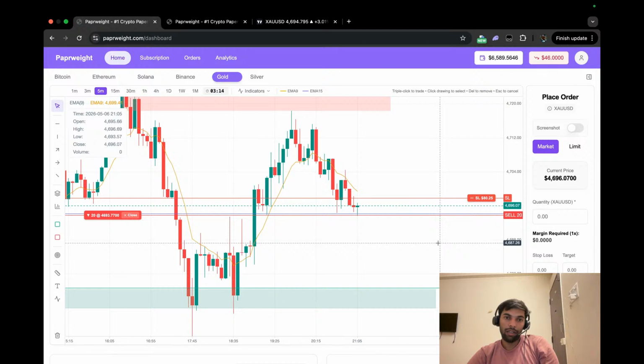This is the buying area actually. So there is a pause in the market as well. It's quite difficult for the market to fall.